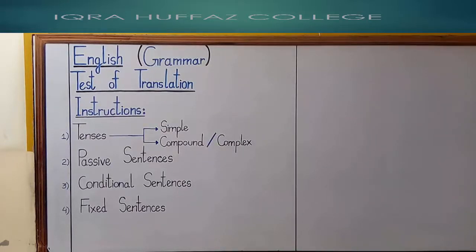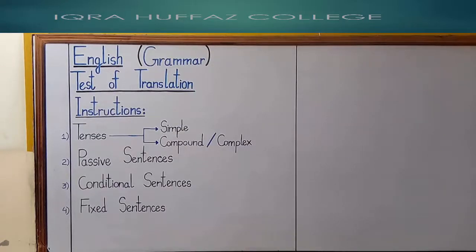Then we have conditional sentences, and we discussed 3 different types of conditional sentences, type 1, type 2 and type 3. Type 1 and 2 talk about present or future, while type 3 talks about past. Type 1 and 2 have a major difference: if the condition presented in a sentence is possible to happen, then this is type 1, and if it is impossible or imaginary to happen, then that sentence is type 2.